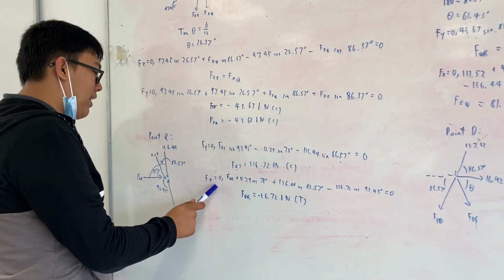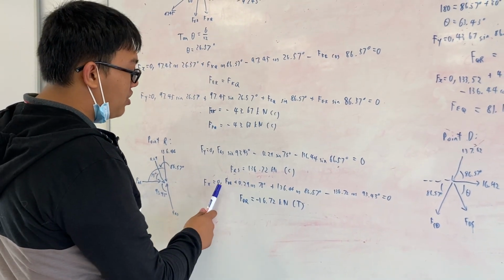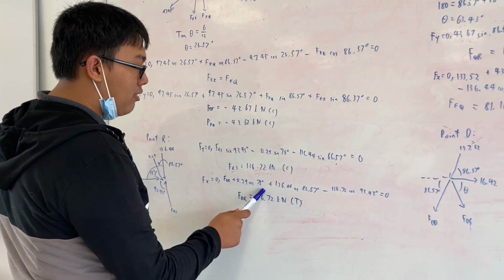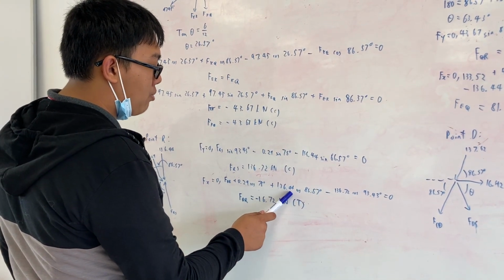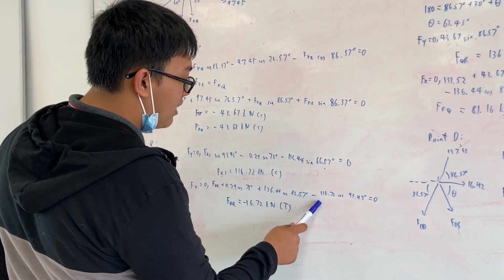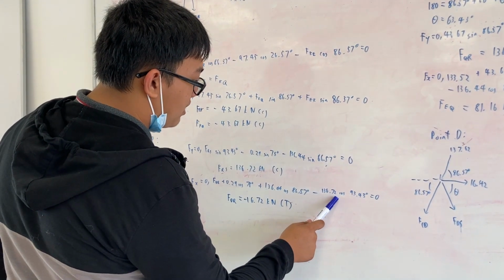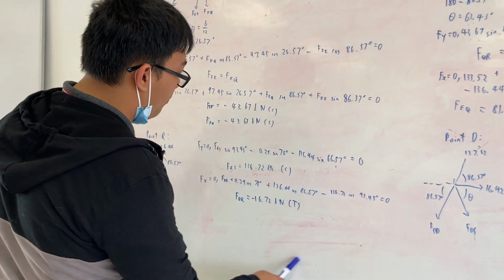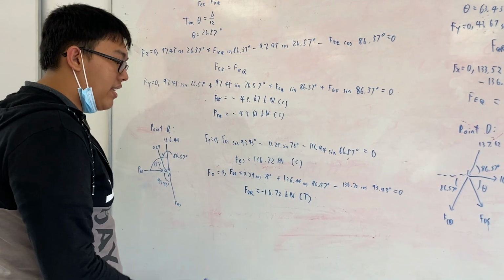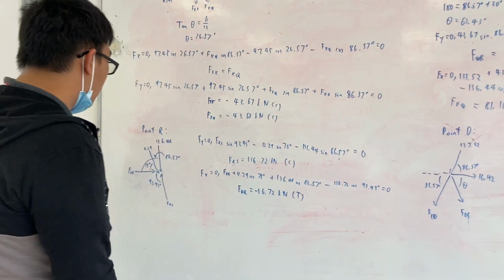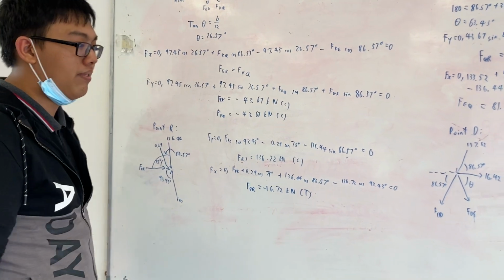And then we can find the Fx equation, which is FDR plus 0.29 cos 75 degrees plus 136.44 cos 86.57 minus 136.72 cos 93.43 degrees, which is equal to 0. Now we can determine that FDR is equal to negative 60.72 kilonewtons, which is a tensile force in the free body diagram.